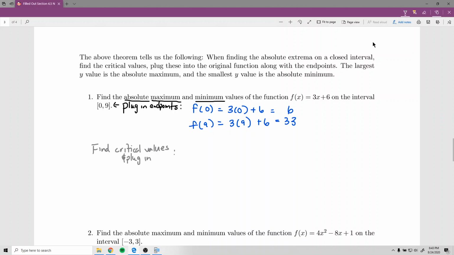We know how to find the critical values from before: we find the derivative. The derivative of this function is very short, it's just 3. Then we set it equal to 0 and solve it. But 3 does not equal 0, so there are no critical values.